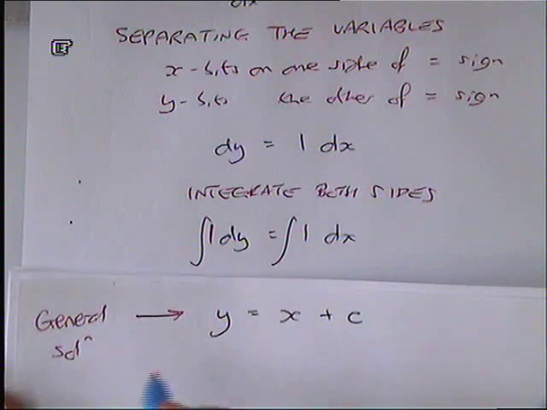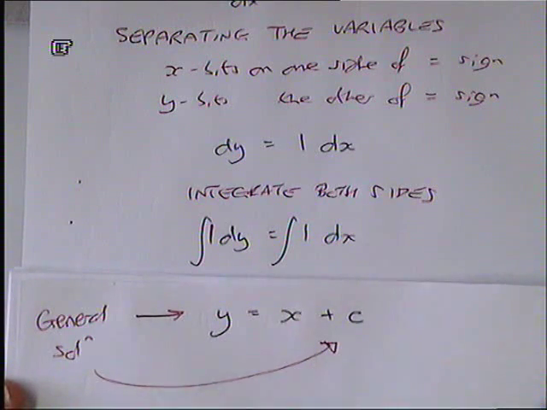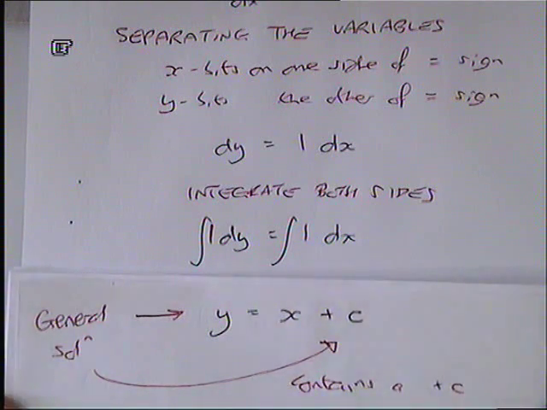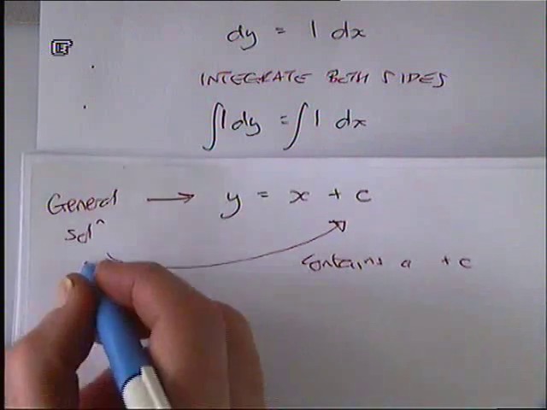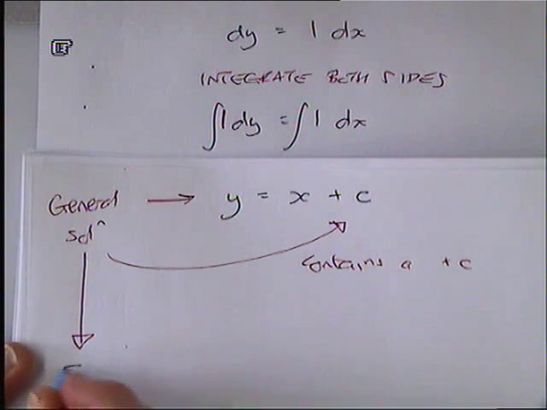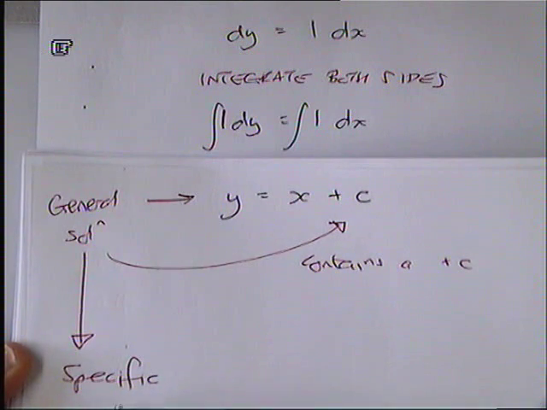It's called a general solution because of that bit there. Because it contains a plus c, because we don't know what that value of c is, that is called a general solution. Sometimes you're asked to move from a general solution to what is called a specific solution.